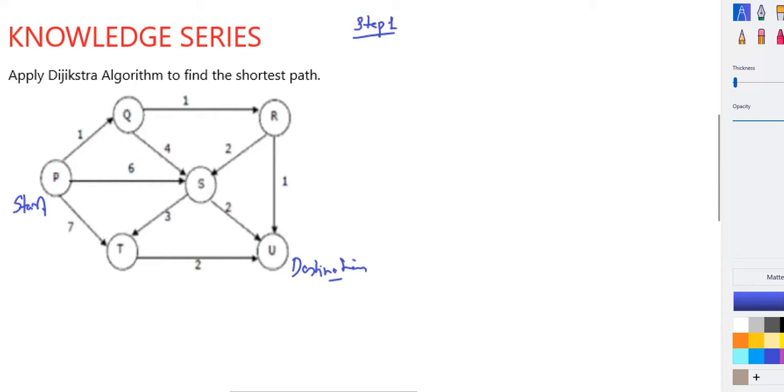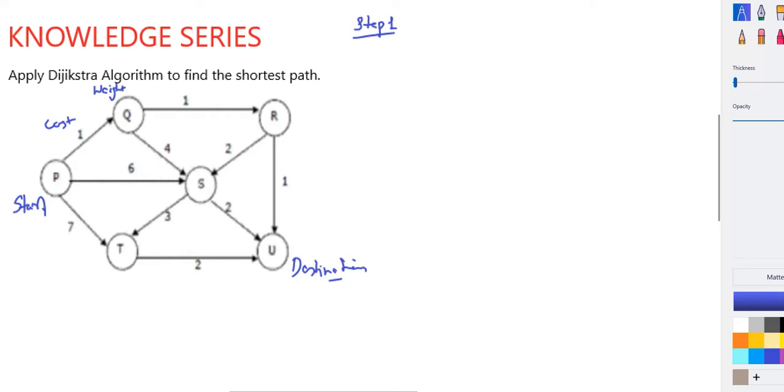In my previous video series, you have seen that we talked about weight and cost. We consider the link as cost, and every vertex will have its own weight.